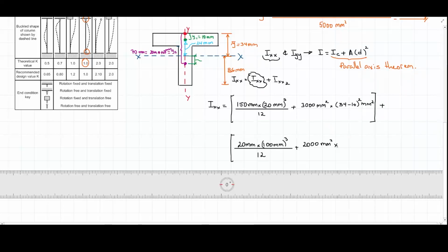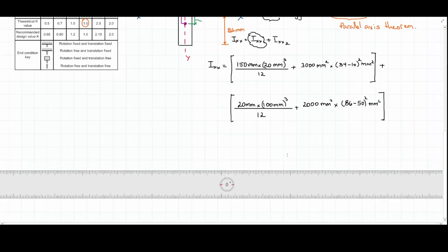Then the distance from this point to this point, if I subtract 86 minus 50, which is this distance, is going to give me the number I want. So it's going to be 86 minus 50 millimeters, squared, and that's going to close the bracket here. Great. Now let's calculate that.